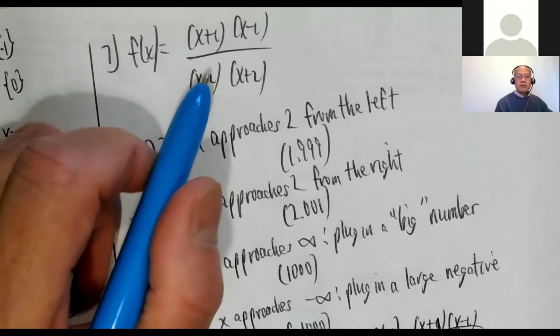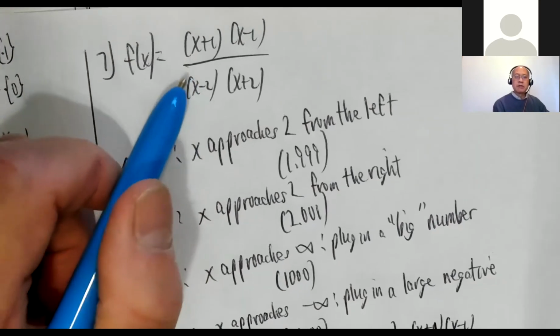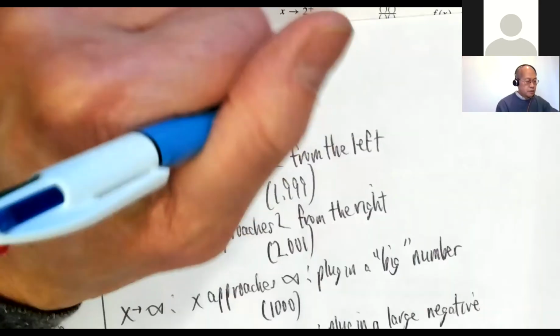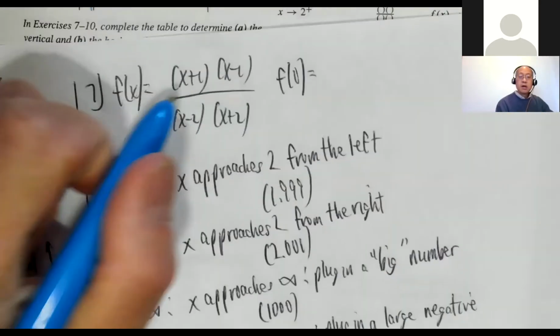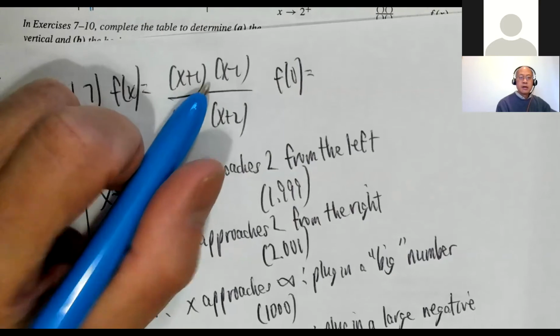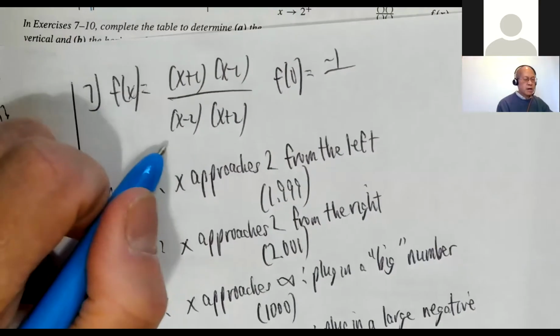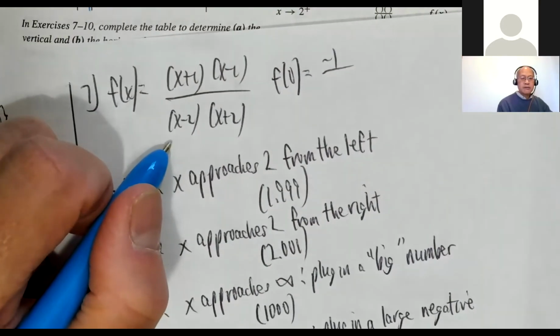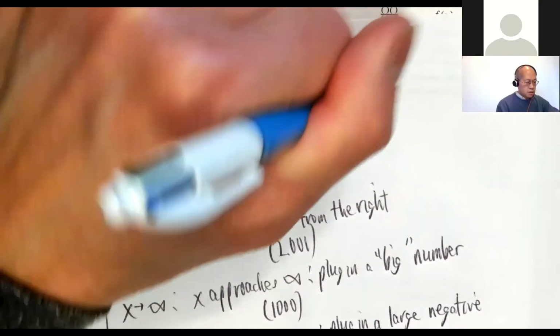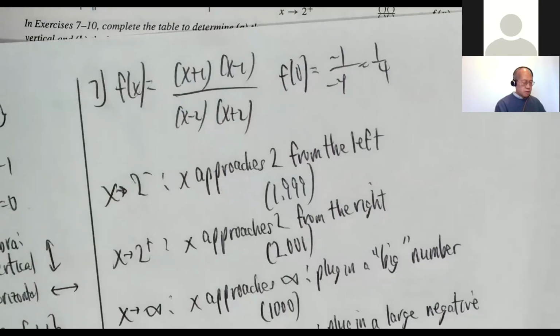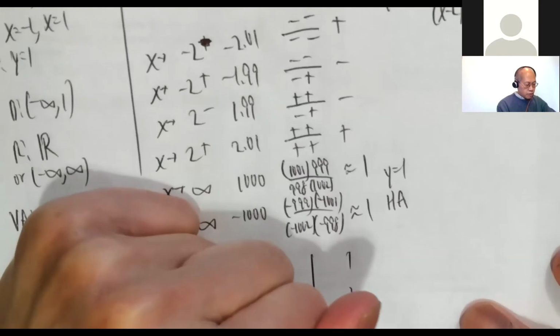Okay. Yeah, by the way, we could figure out what happens if I plug in 0. Let's see. We can do that. F of 0 is what? -1 divided by -4, or 1/4. So 0, 1/4, somewhere there.